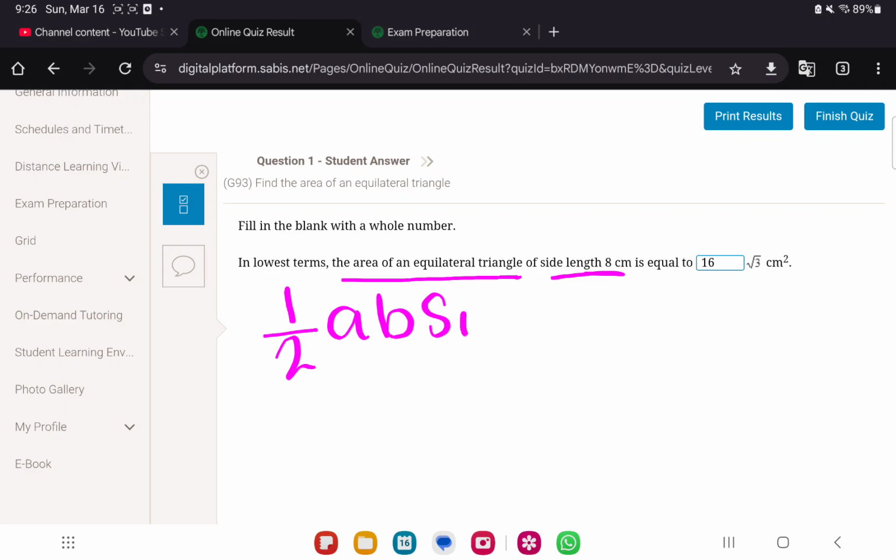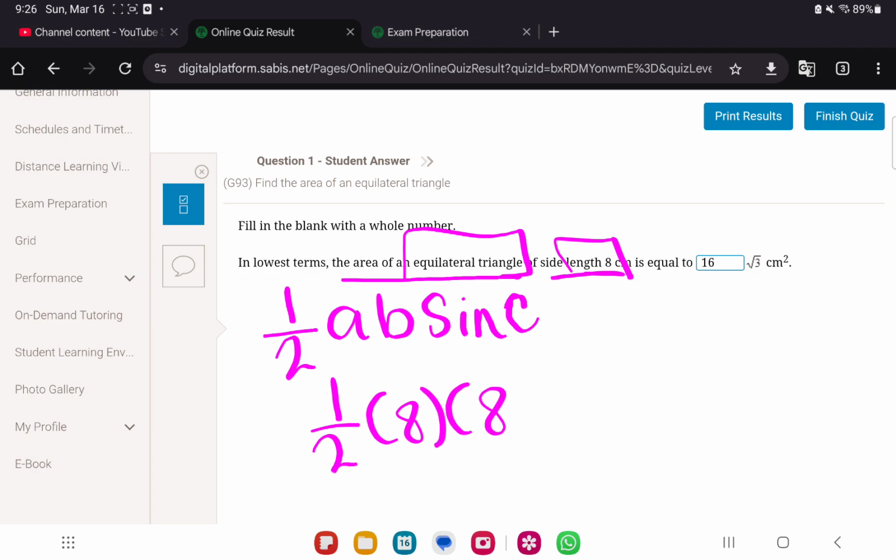AB sine C, okay? So A and B, because it's an equilateral triangle, it's always going to be the same length, okay? So it's half 8 and 8. And then in equilateral triangles, we know that each angle is 60 degrees. So sine of 60 degrees, sine of C means the angle C, okay?